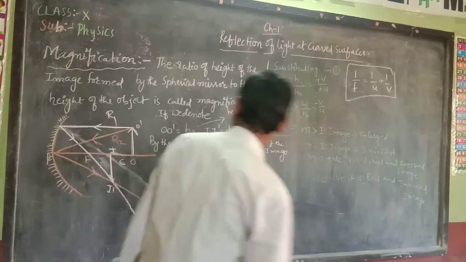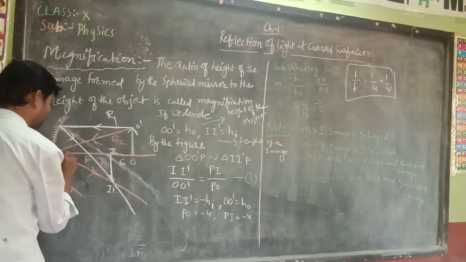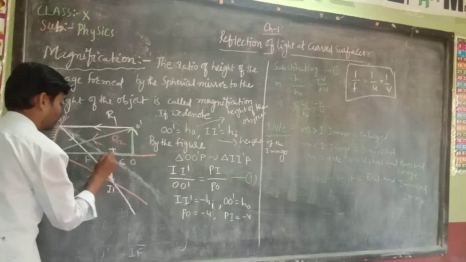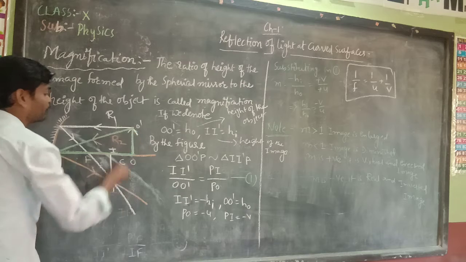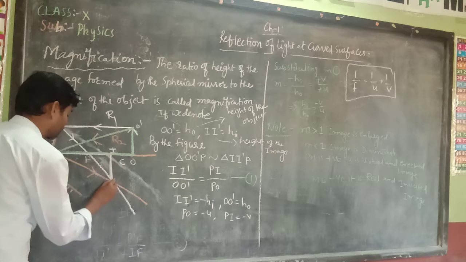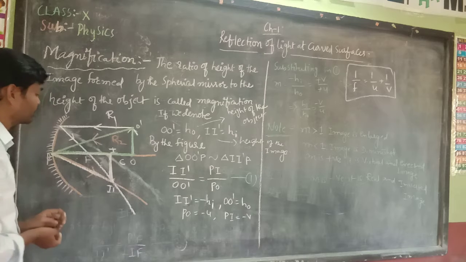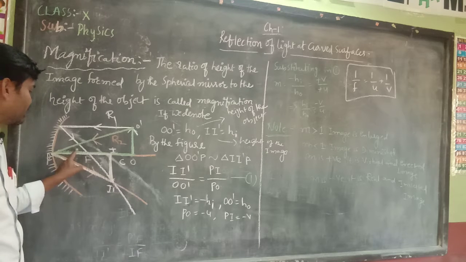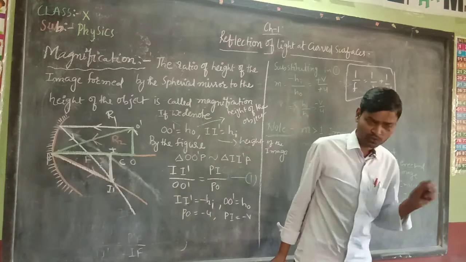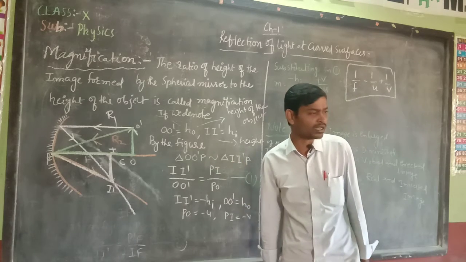So here let us see triangle O dash P and triangle I dash P. Both are similar to each other. If two triangles are similar, then the ratio of their corresponding sides are equal.